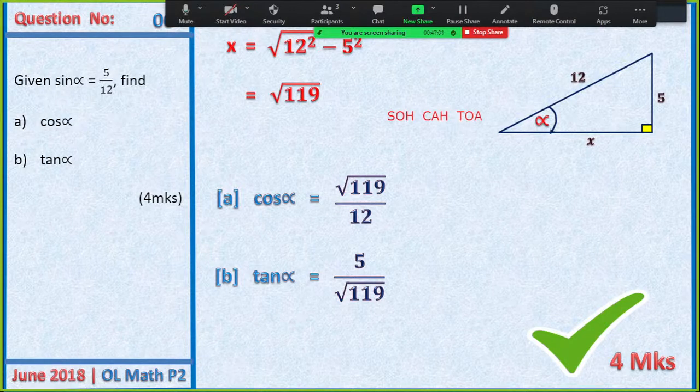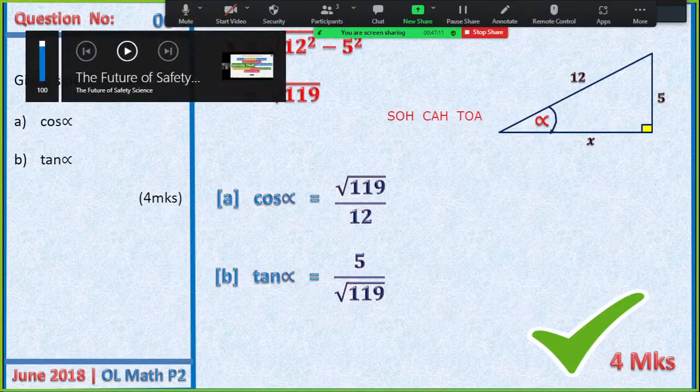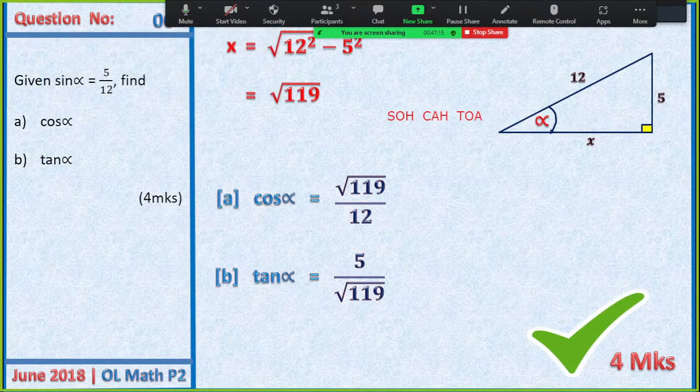Any questions? I want to talk about this. So SOHCAHTOA is like a formula. Please increase your volume. It's a mnemonic that helps you to remember.